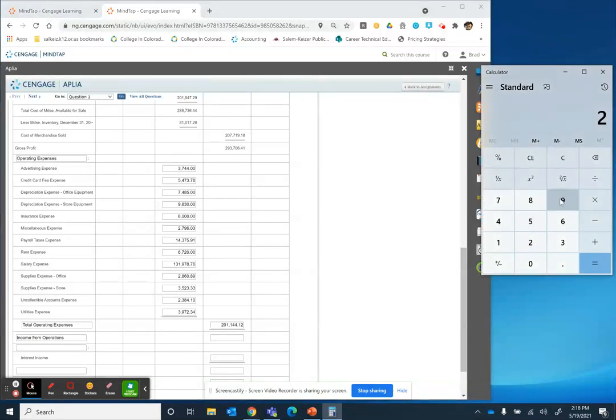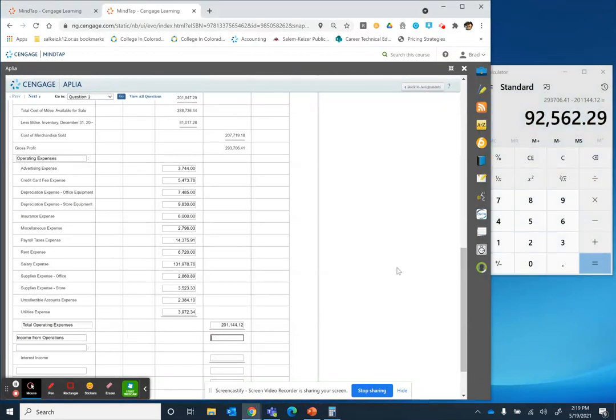So $293,706.41 minus our total operating expenses, which are $201,144.12. And that gives us, for our income from operations, so how much money we're earning, $92,562.29.